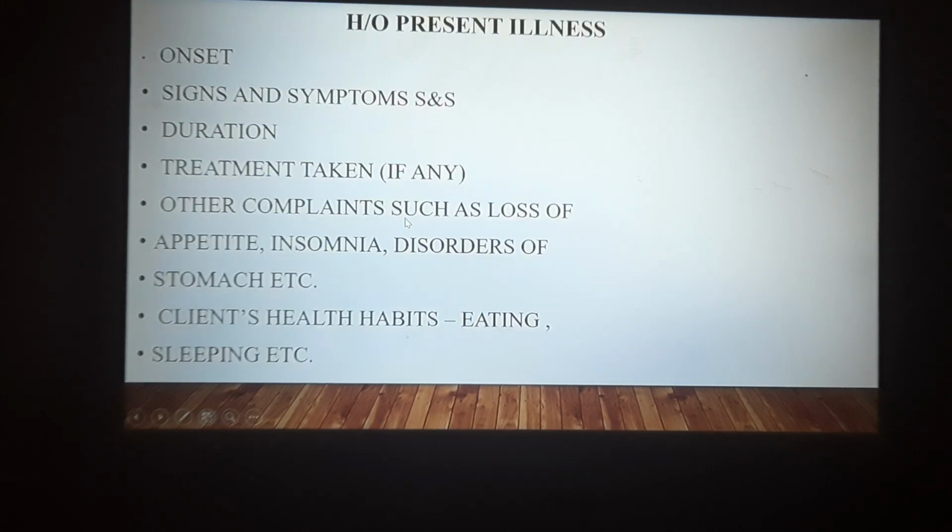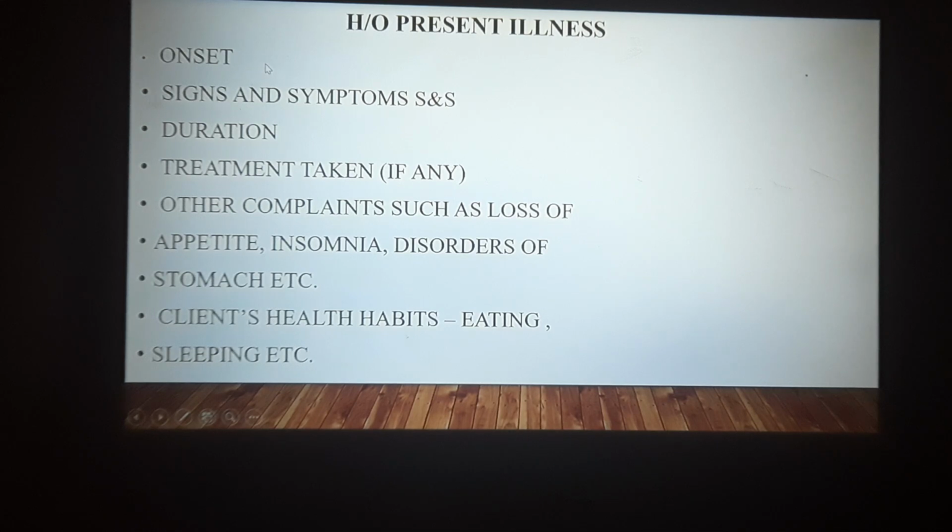Okay, then next one is history of present illness. So in present illness you are collecting the history of the present illness. Whatever illness the person is having, about that illness you are going to collect the history. So onset means from when the illness started for the patient.